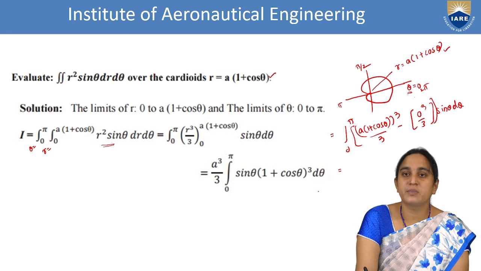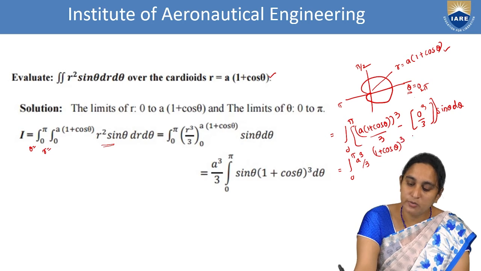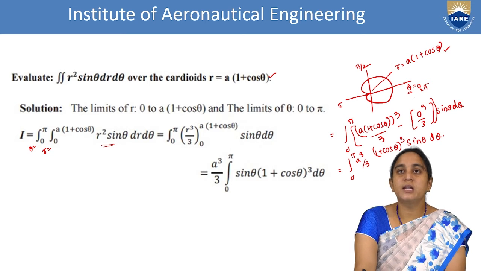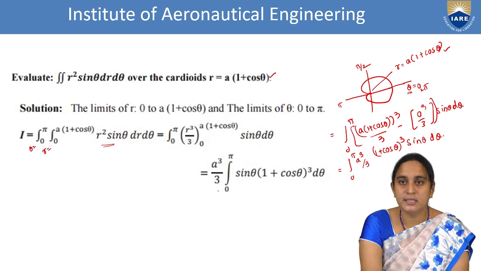From that, a cube by 3 times the integral 0 to pi of sin theta into 1 plus cos theta whole cube d theta.